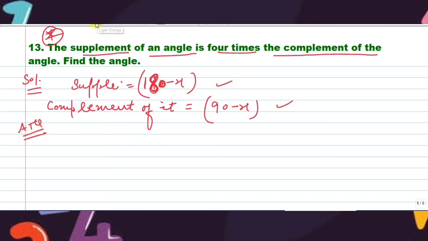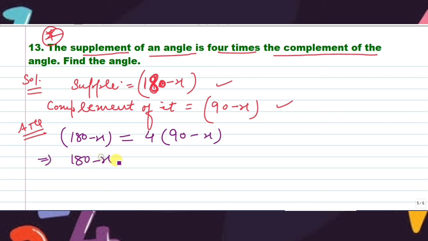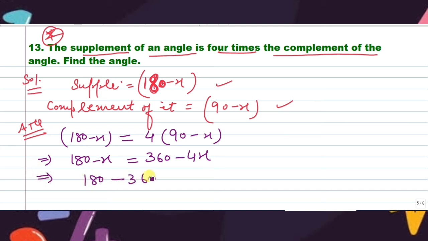Now what does the question say? Supplement of an angle is 180 minus x, that equals 4 times the complement of the angle. Now you have to solve it, and you know how to solve. 4 into 90, 360 minus 4x. Now this is the equation, you have to solve it. Now transpose it, minus 4x becomes plus.